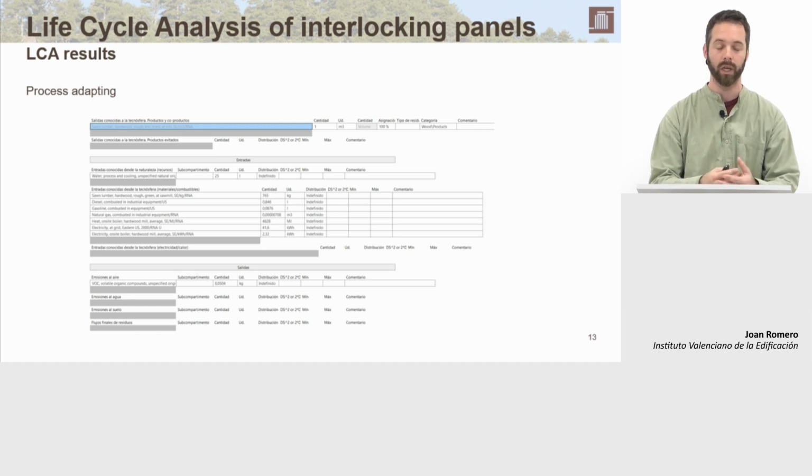For example, changing the energy pool, the electricity pool, and the distances from the manufacturers to the construction site, and so on.